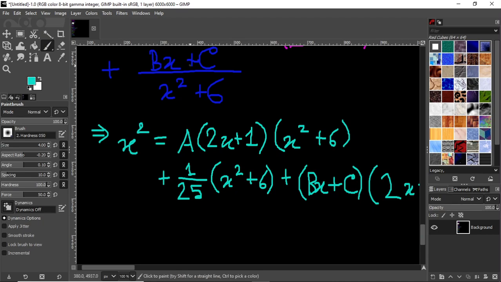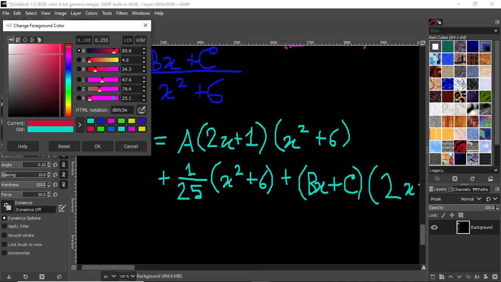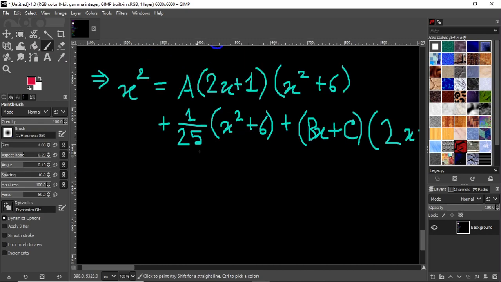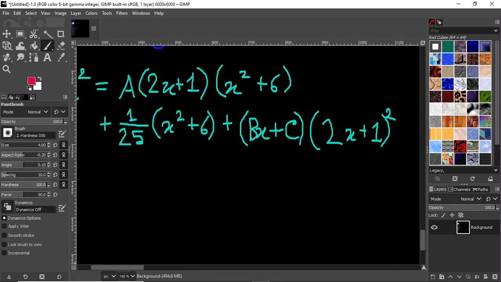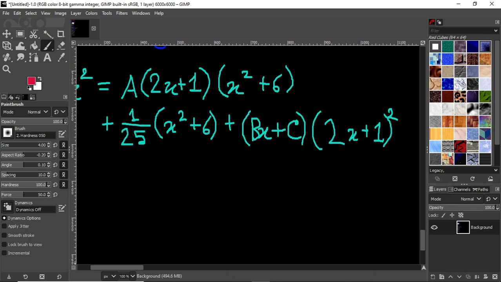Now we just need to find the values of a, b, and c. Let's see how to go about that. So x cubed here we have, and x cubed here too we have, constant here.